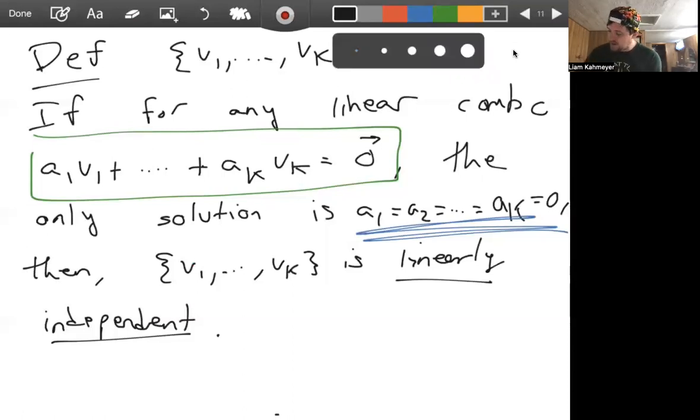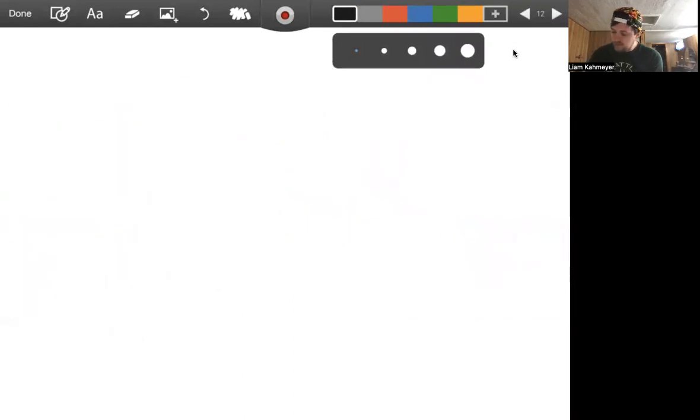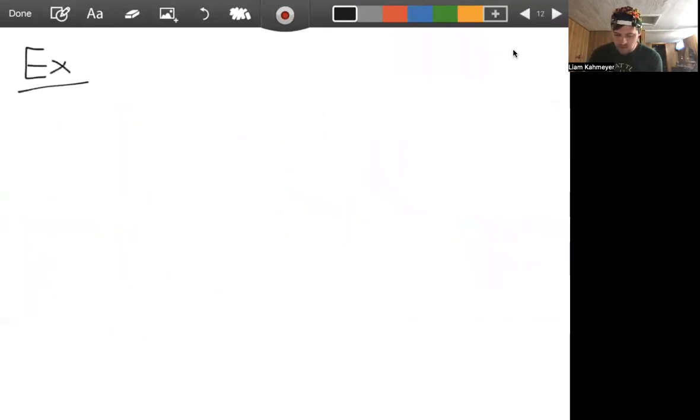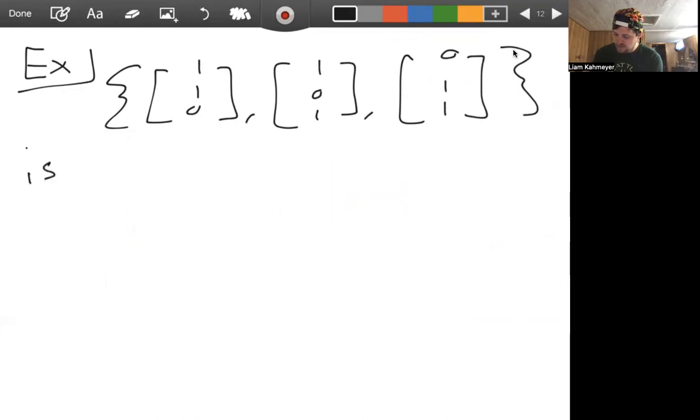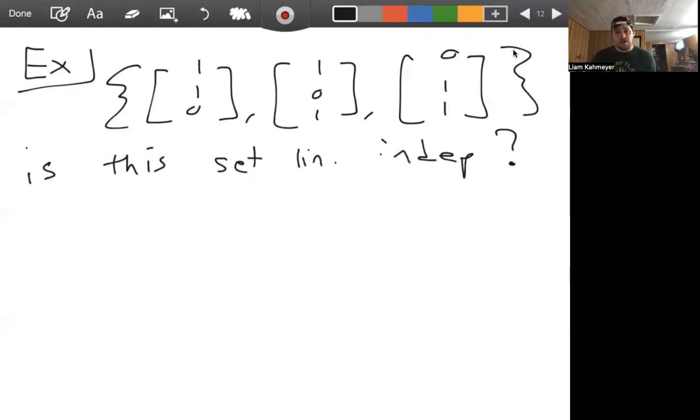So how could one determine linear independence? Let's look at an example. Let's ask if the following set, (1, 1, 0), (1, 0, 1), and (0, 1, 1), is linearly independent. How do we know?